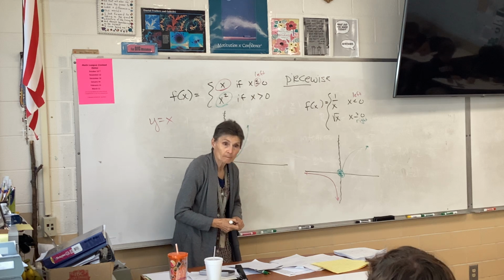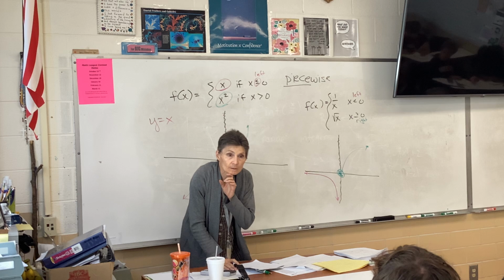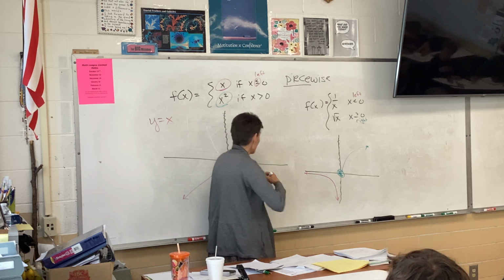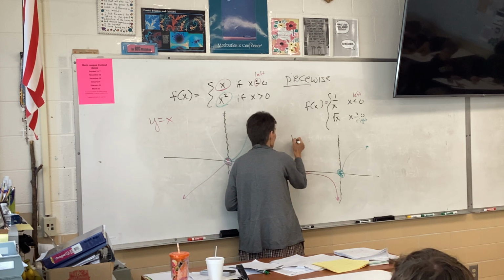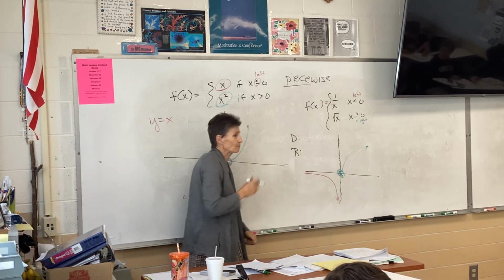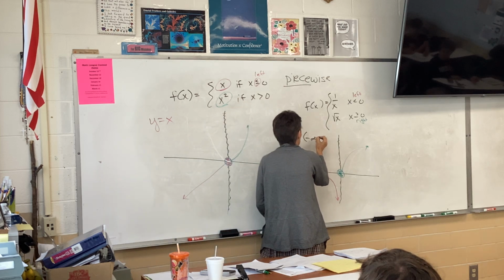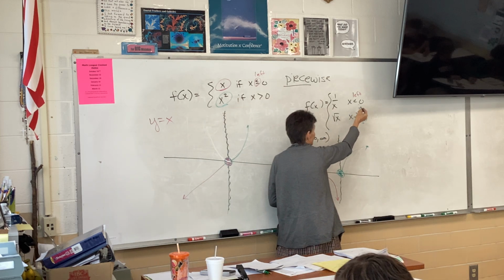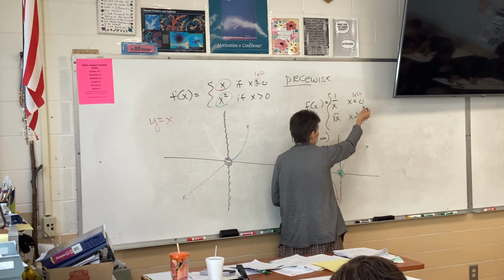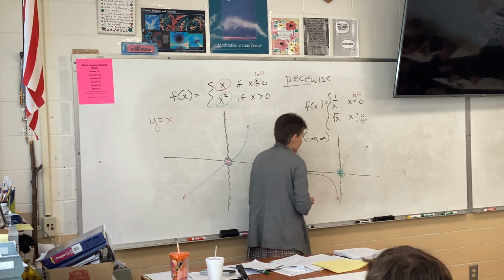Do you ever have to graph the domain and range from piecewise? Well, we can talk about domain and range. Anything can be a question. What's the domain here? Everything. Yeah. Domain is your x's. And this is everything negative, this is everything positive and 0, so that's everything.